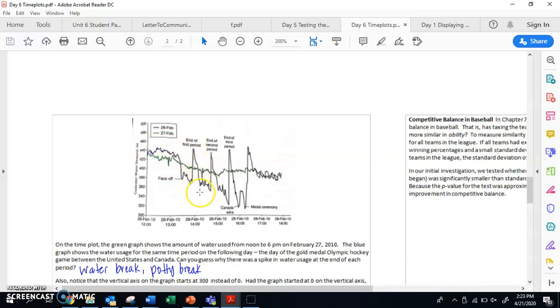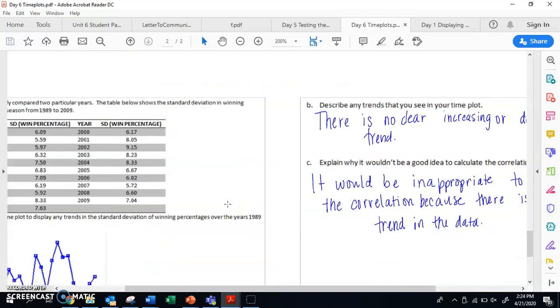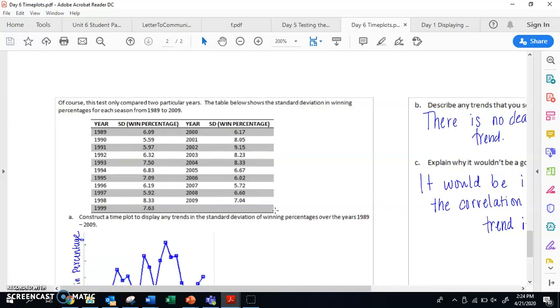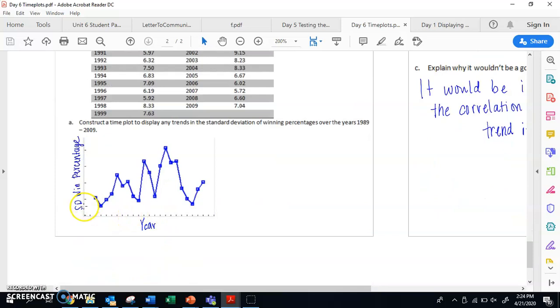The water usage was dictated by whether the game was being played or not. If it was a commercial break, people tended to use the bathroom more. Not necessarily time was a factor. So we can say it would be inappropriate to calculate the correlation because there is no linear trend in the data. Time isn't really affecting standard win percentage all that much.